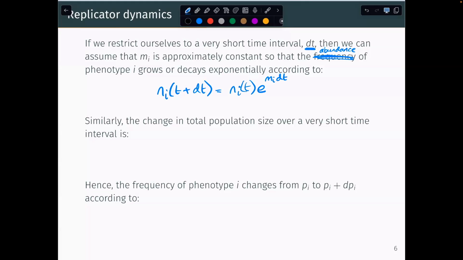What you can see is as dt tends towards 0, or as mi tends towards 0, then there's going to be no change in the growth rate here, or there's going to be no change in the population size. You can see because we've got this dt, eventually we're going to move towards derivatives, so we can talk about instantaneous rates of change.